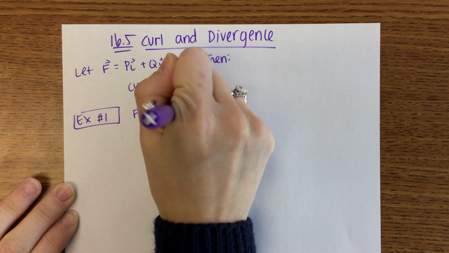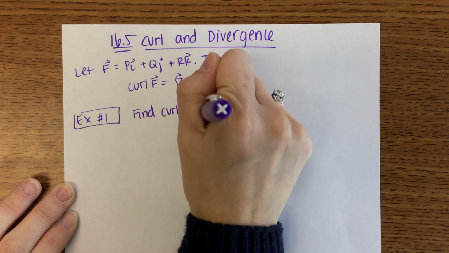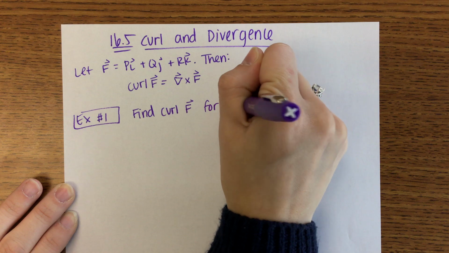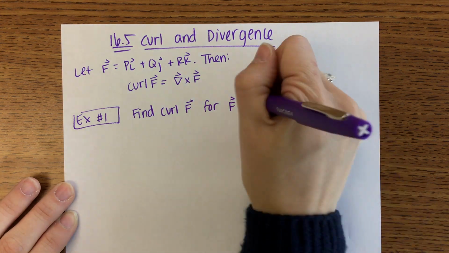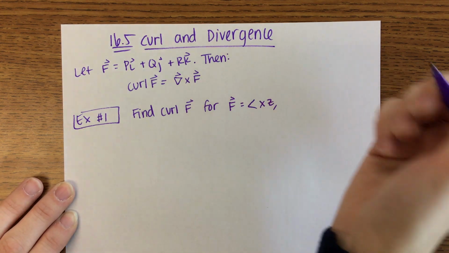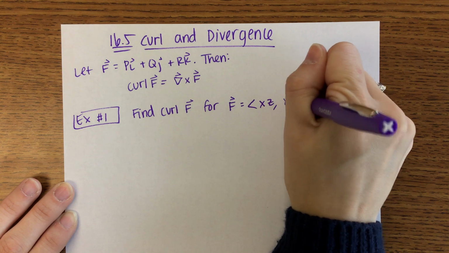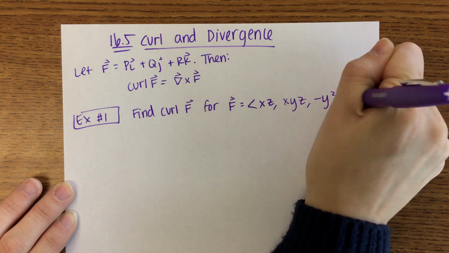We are going to find the curl of F for the following vector field: xz, xyz, negative y squared.